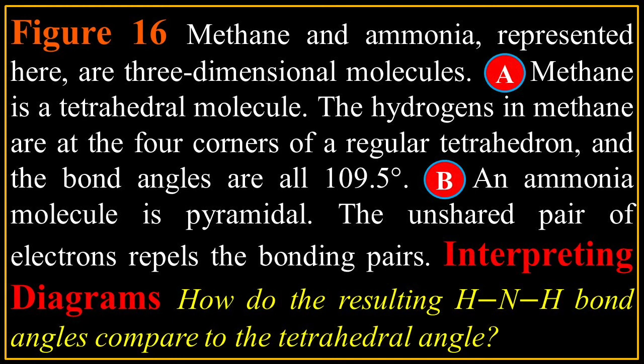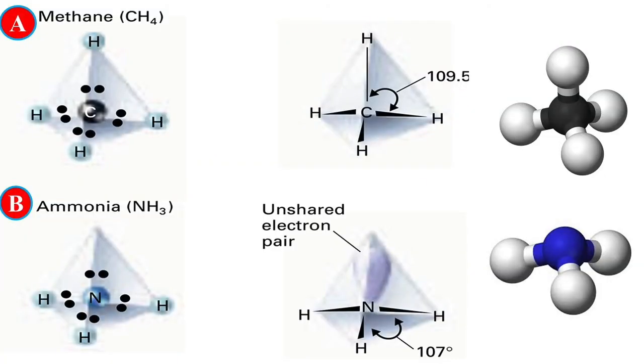The unshared pair of electrons repels the bonding pairs. Interpreting diagrams: how do the resulting H-N-H bond angles compare to the tetrahedral angles? Well, they should be 120 degrees, but they're out of the plane, so they're going to be somewhat less than 120 degrees, but not much.